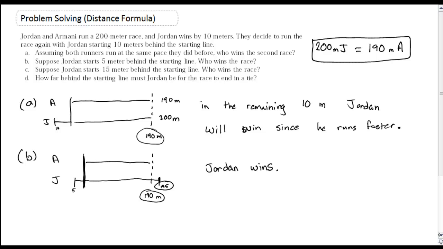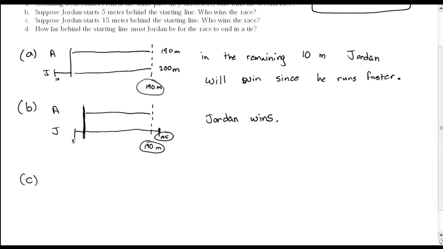So part C. Suppose Jordan starts 15 meters behind the starting line. So here's your starting line. So again, I like to relate everything to going 190 meters out. So here's Armani. He's at 190 meters. Jordan is starting back 15 meters.